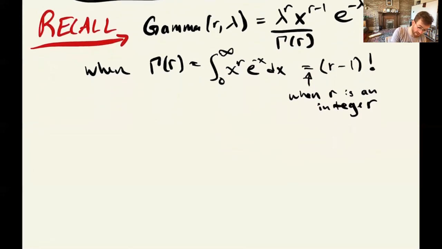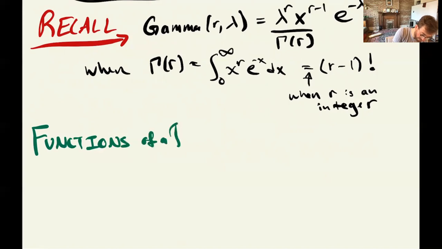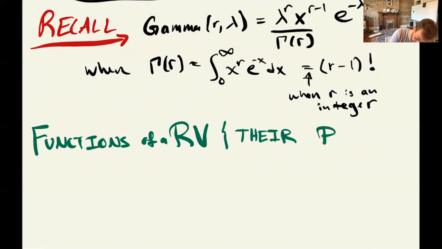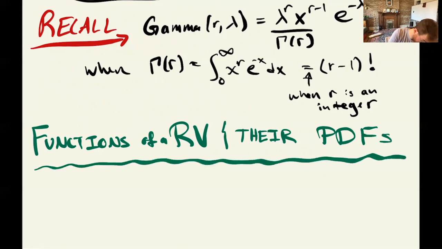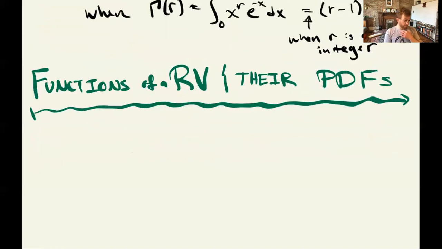And I'm going to put this under a broader heading here: understanding functions of a random variable and their PDFs. Now, there's good reason to believe that this happens all the time.